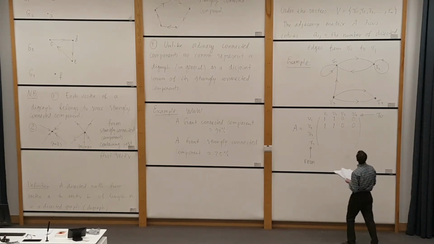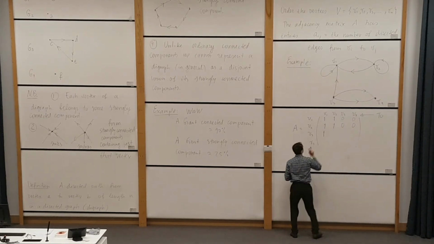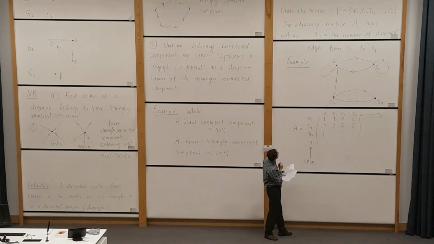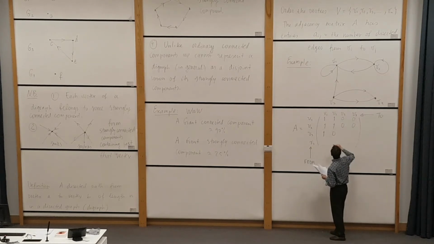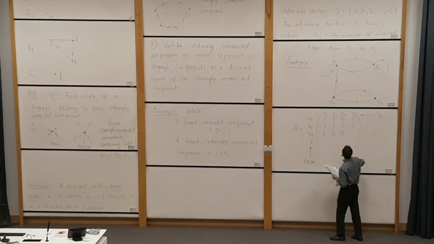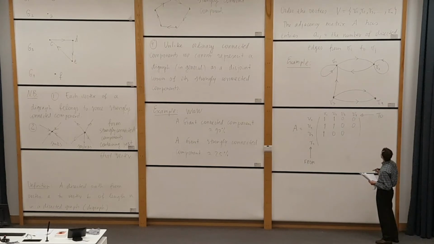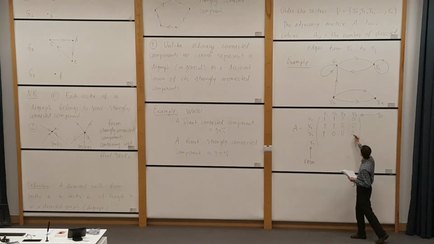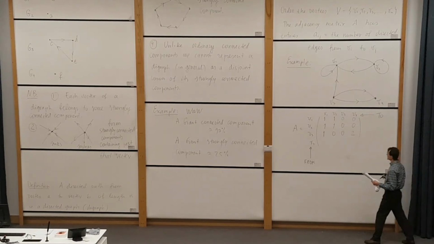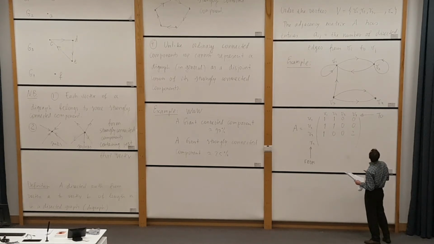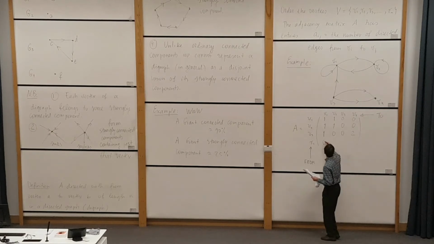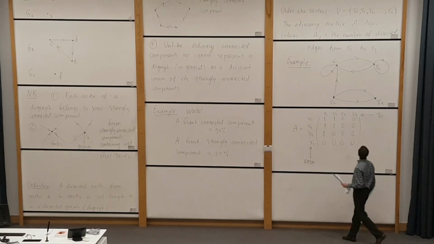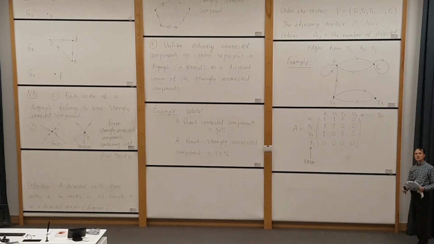Starting from V3, I can get to V1 via 1 edge. From V3 to V2 there is nothing, and there are no loops on V3. There are 2 directed edges from V3 to V4, so I put 2 here. Starting from V4, I cannot get anywhere, so I put zeros. Okay, so that's my adjacency matrix.